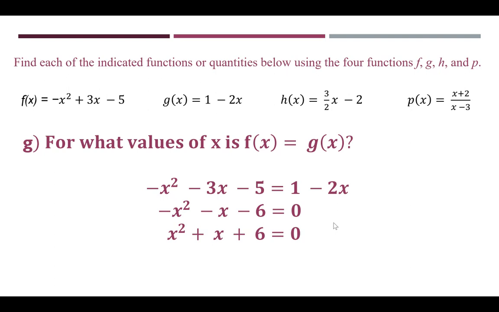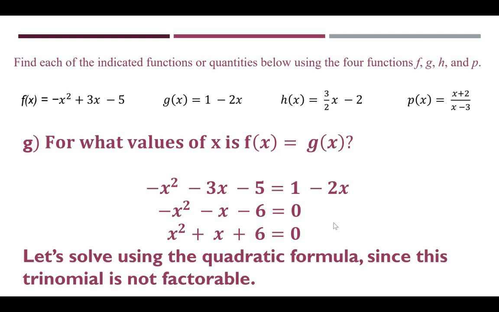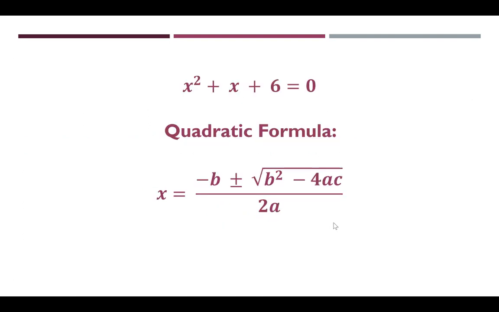My next go-to might be the quadratic formula. So let's solve using the quadratic formula since this trinomial is not factorable. Remember, the quadratic formula says x equals negative b plus or minus the square root of b squared minus 4ac all over 2a.